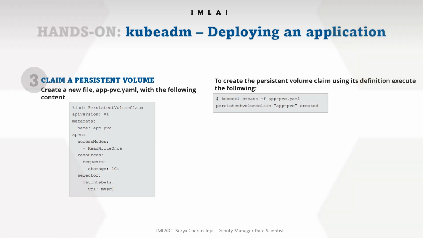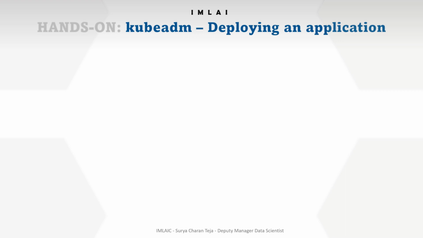The name of that would be whatever you want, app-pvc. Access mode is ReadWriteOnce, that we're going to look into. After that, to create the persistent volume claim using its definition, we will say kubectl create -f app-pvc.yaml. So once that is done, our persistent volume claim will be created.